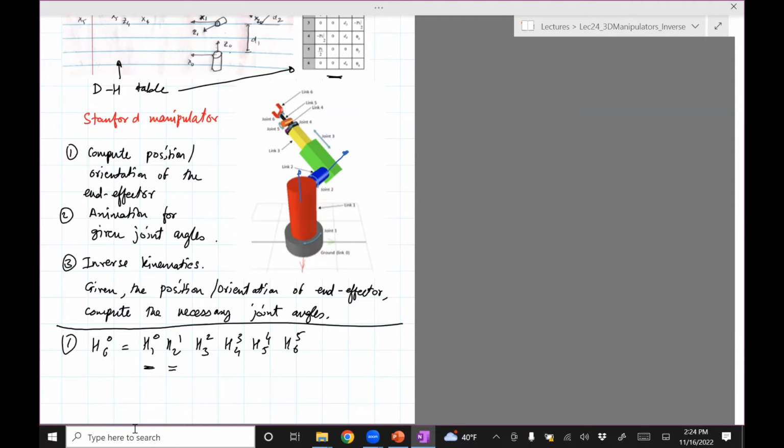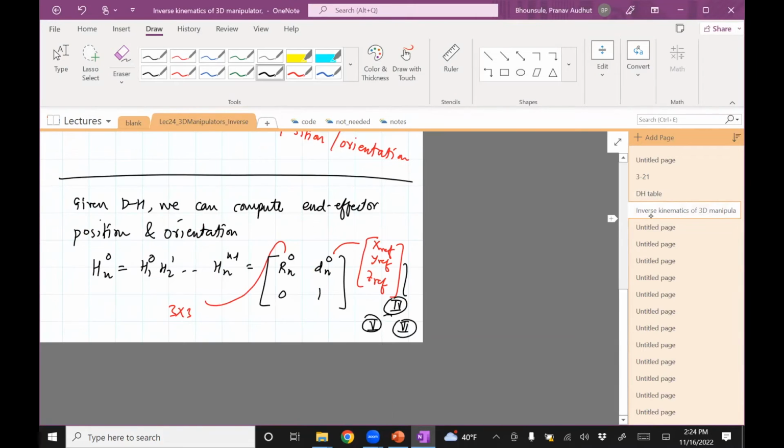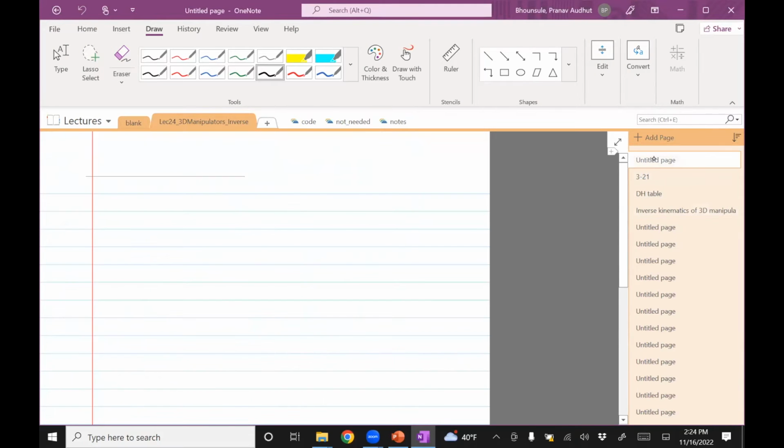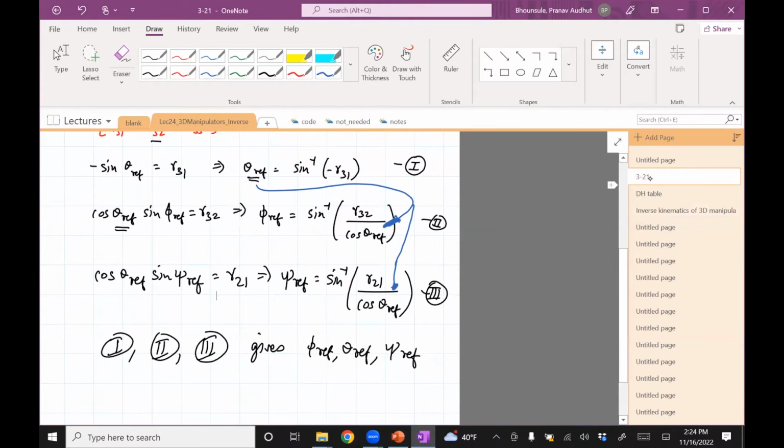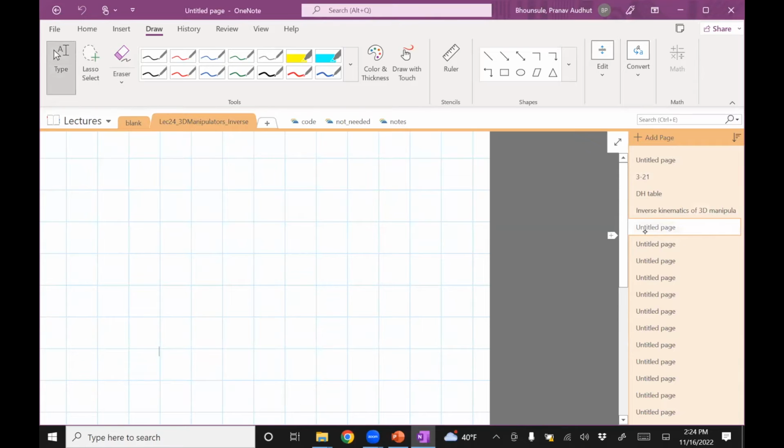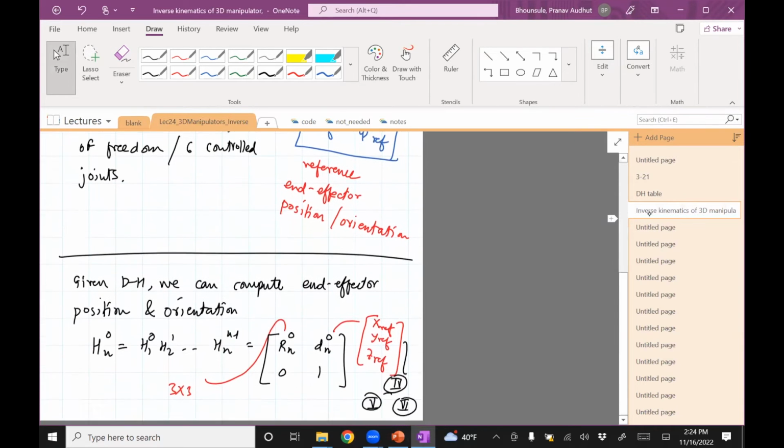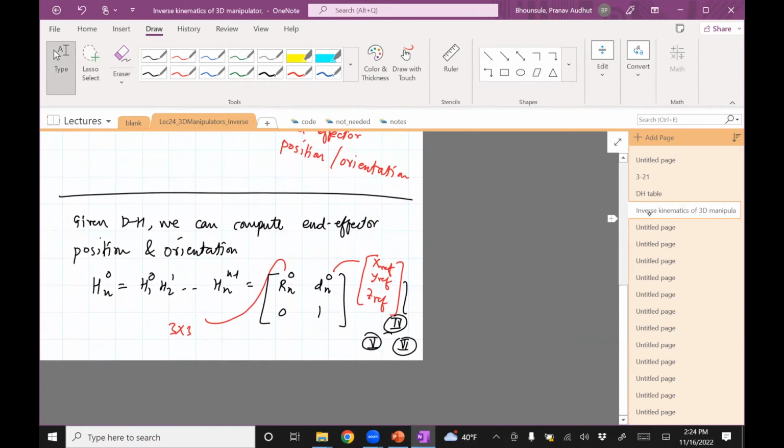We'll have 6 equations corresponding to 3 over here, 1 to 3, and then 3 from right here. So there's no point in trying to do it by hand because the system is nonlinear.